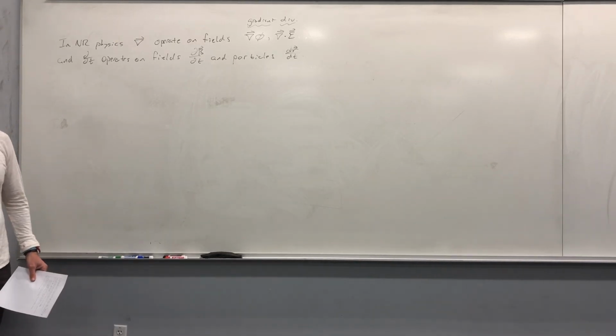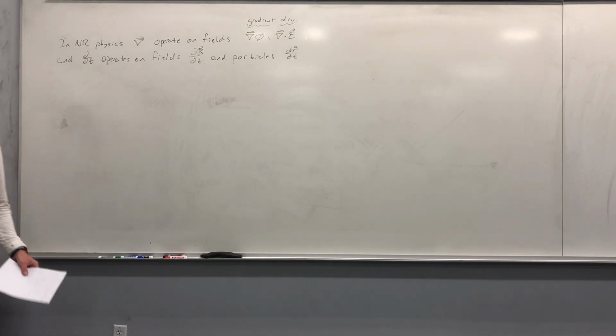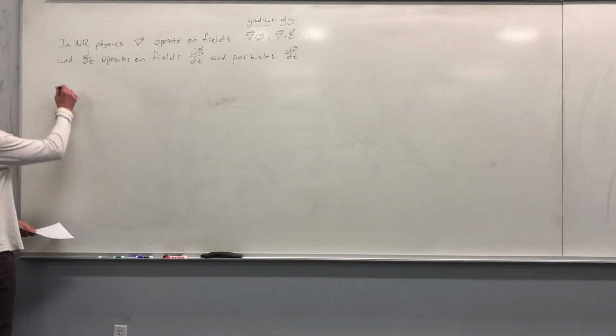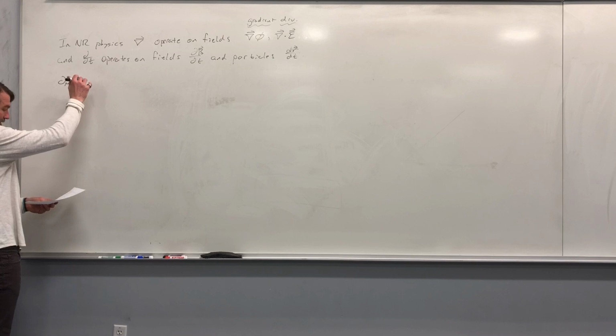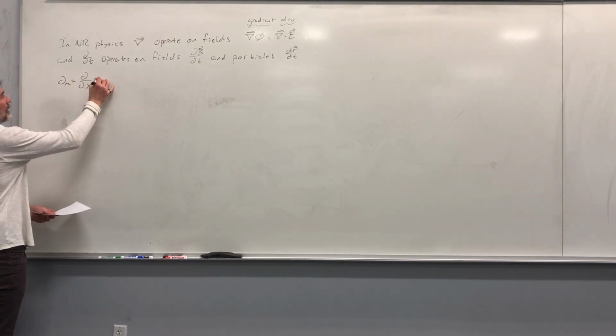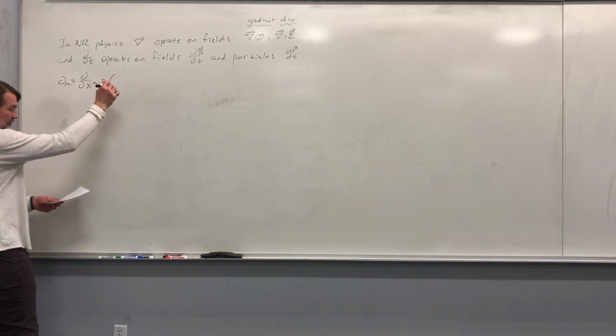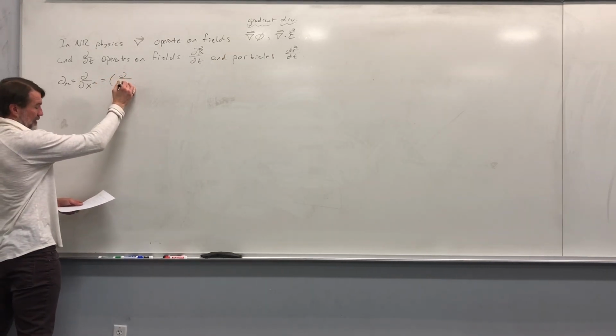Drew? You could just write del u. Right, but what would the components of it be? I guess it could be d by d tau, because you don't want to use time. Say it again? D tau there, and then dx, dy, dz.